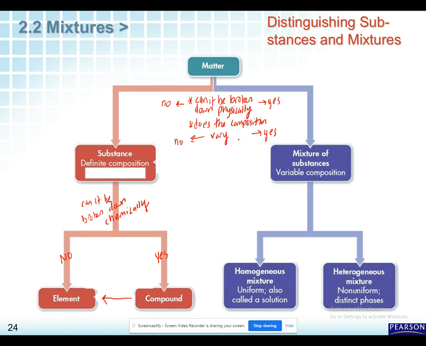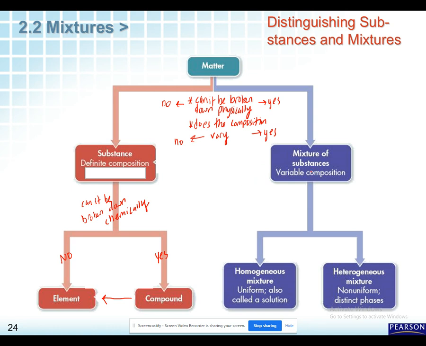Now if we go to the right, if we know that it can be broken down physically, this is going to have a variable composition. In fact, we can continue to break down mixtures physically until we get to a compound. That's why, if you see the picture in your book, there's another arrow right here, but I have widened it out.